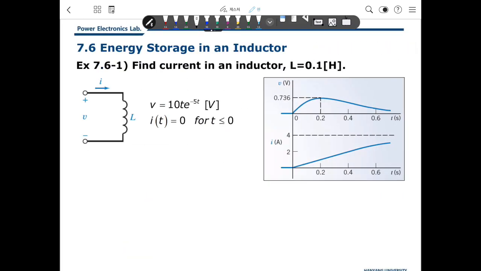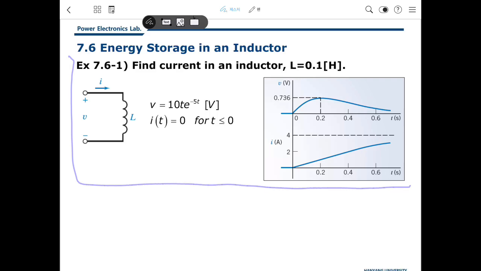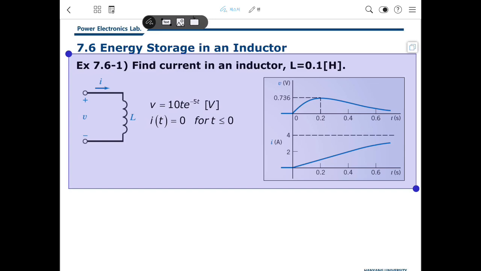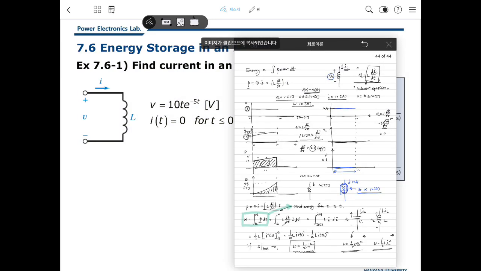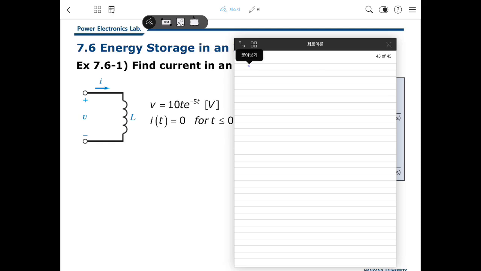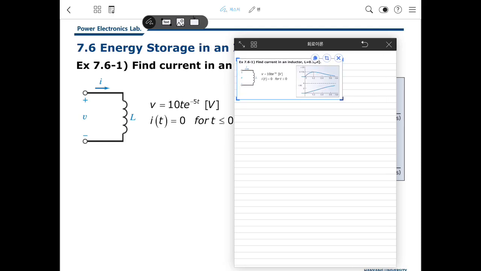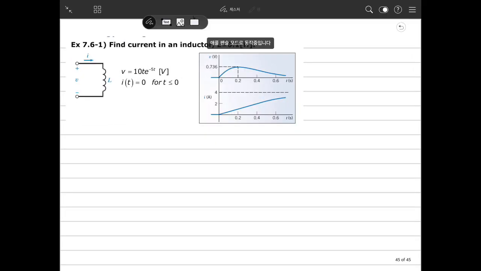So this is an example for finding the current in an inductor. It's a very simple problem, so we'll do it here. This is example 7.6.1.